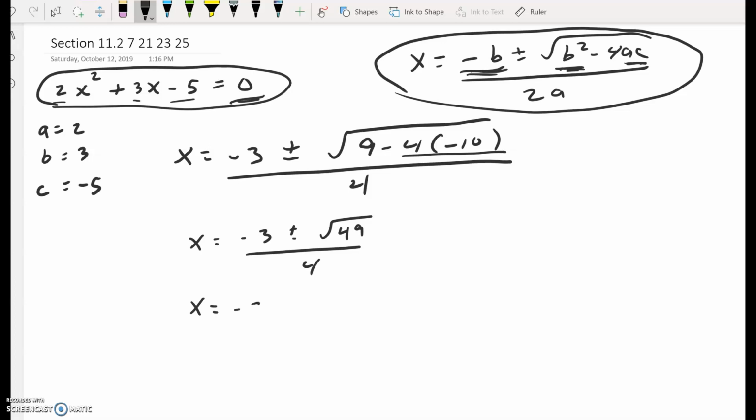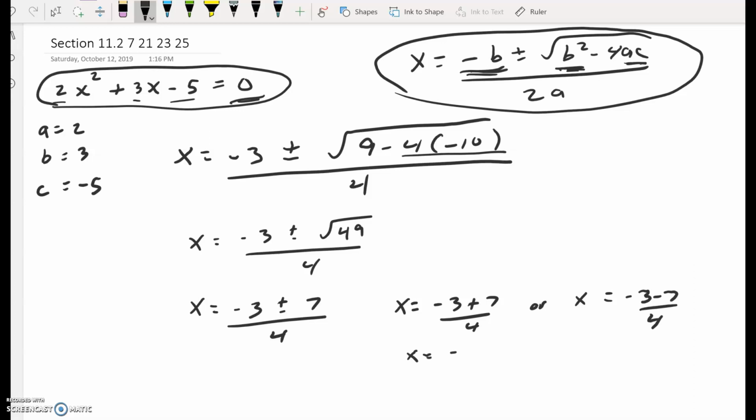So we have x equals negative 3 plus or minus positive 7, all over 4. This gives us two solutions, and since we have all numbers, no square roots, we actually have to work them out. So x could equal negative 3 plus 7 over 4, or x could equal negative 3 minus 7 over 4.